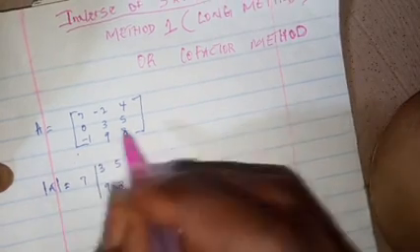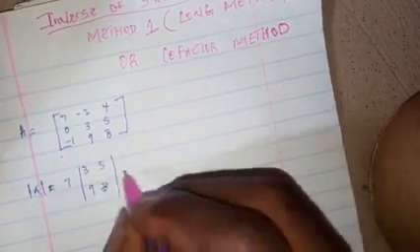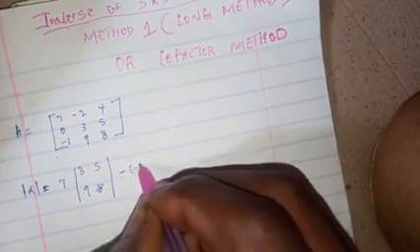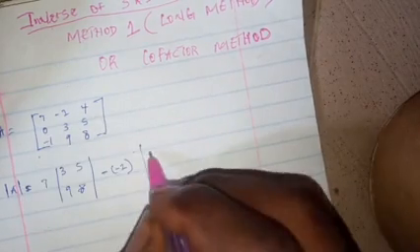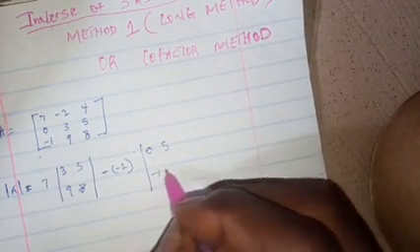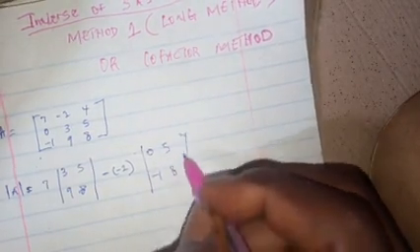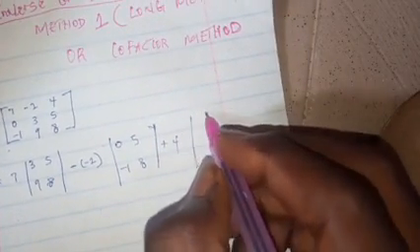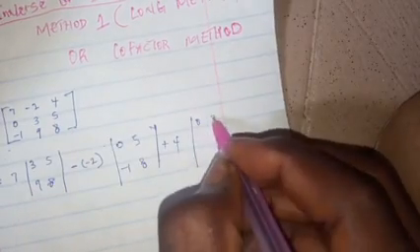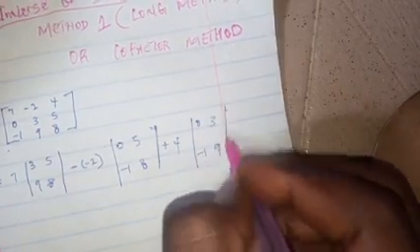I would have preferred to go straight, but I still want to take it step by step for you to understand. So then 0, 5, minus 1, 8, then plus 4, 0, 3, minus 1, 9.